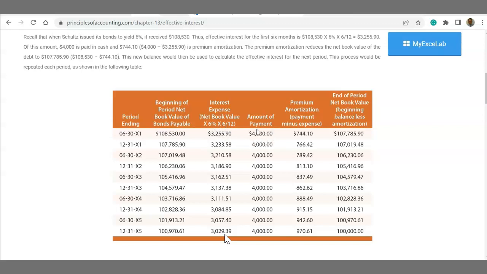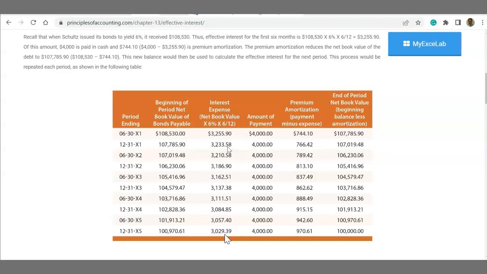But we're going to pay people $4,000 no matter what. So 4,000 minus 3,255 gives a premium amortization of only 744, and 108,530 minus 744 becomes 107,785. Then we take the 107,785 to the next line for the second part of year one, and multiply that by the 3% market interest rate.